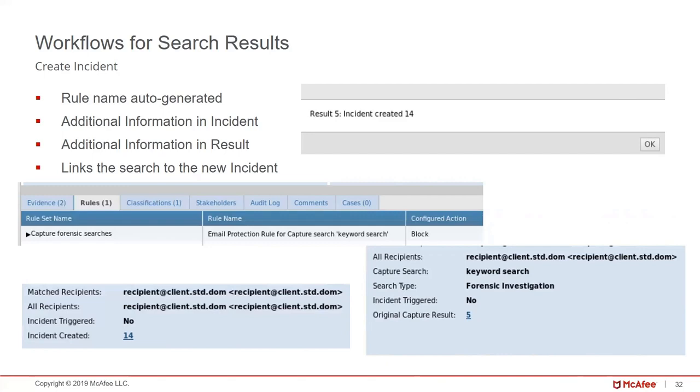That way, when somebody goes into your DLP incident manager and sees the incident, they know that this was generated from capture. It's not generated from an actual rule that you have in your DLP policy manager. And again, all of the information that would be in the results just gets transferred over to the incident as well. And like I said, there is a link that is created within the search results that directly links to the incident that's created.